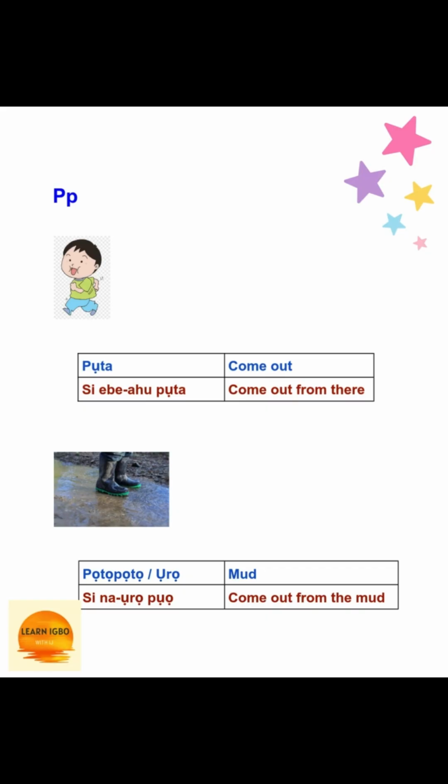Pota. Come out. Used in a phrase or sentence: Si ebe ahụ pụta. Come out from there.